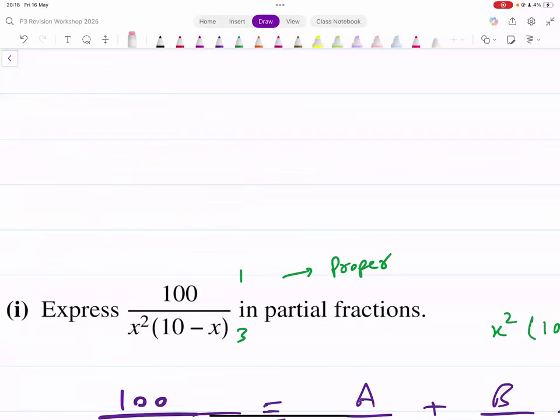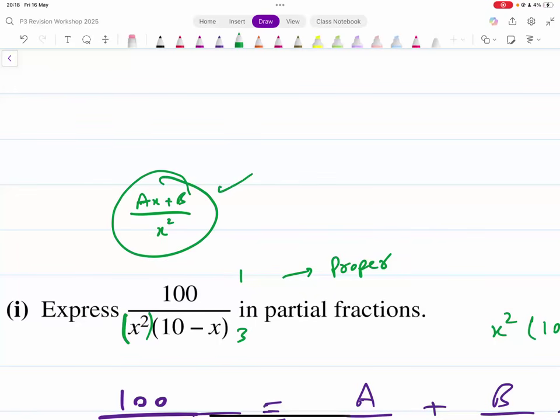Another way of thinking about this could be that you say this is a quadratic factor, right? With x squared. And in that case, you would say that's (Ax plus B) divided by x squared. You could also do that. However, although they accept this a lot of times in the marking scheme, it's better to treat this as a repeated linear because that further splits the fractions, and ideally that's what we want.